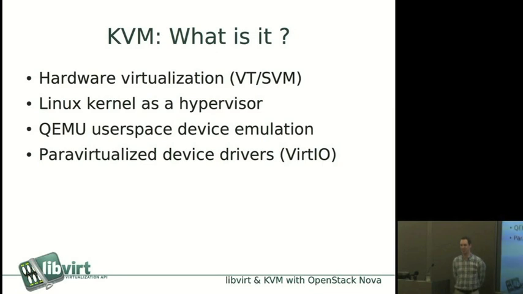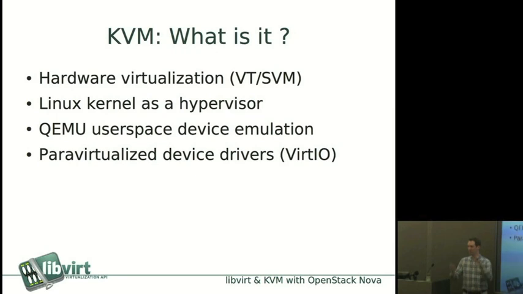So Linux is actually your hypervisor layer. It uses QEMU to provide the device model to the guest. The kernel part of KVM is quite small, and most of the really hairy stuff goes on in the QEMU device models.